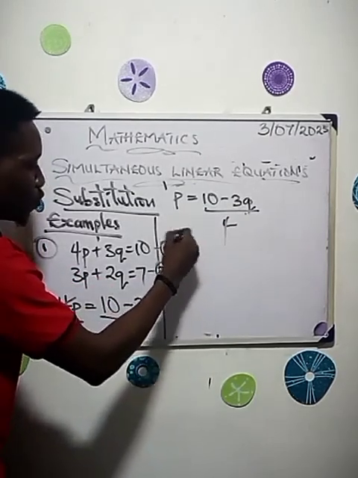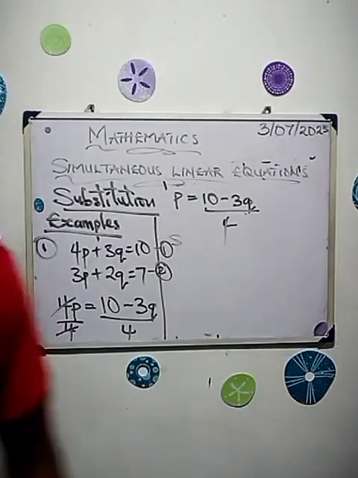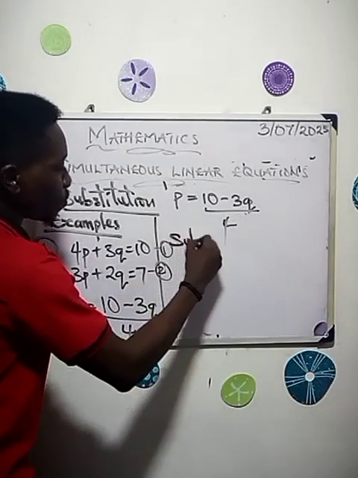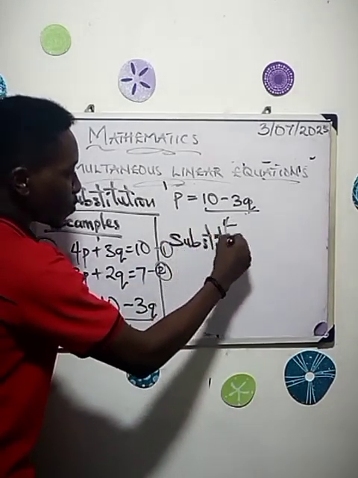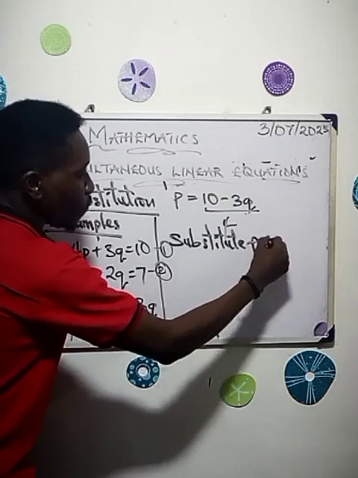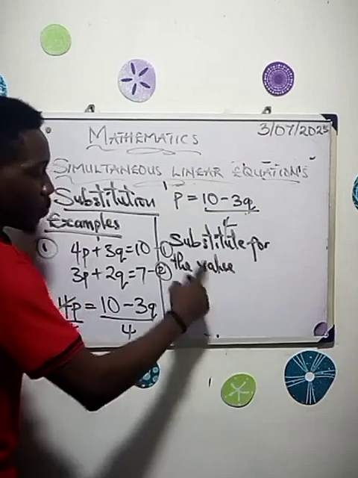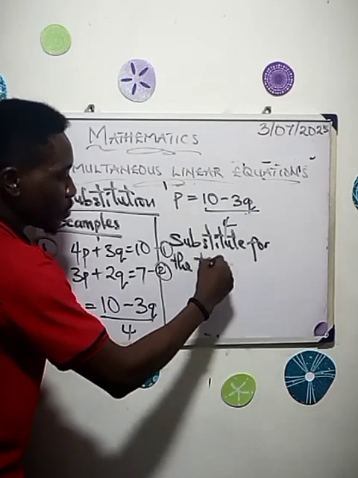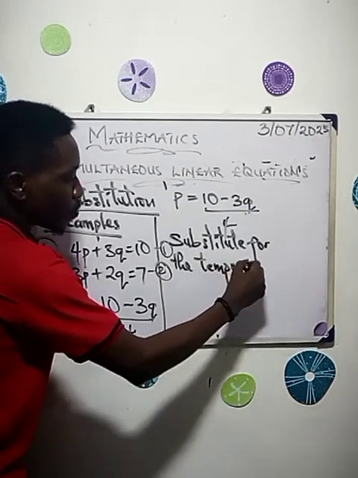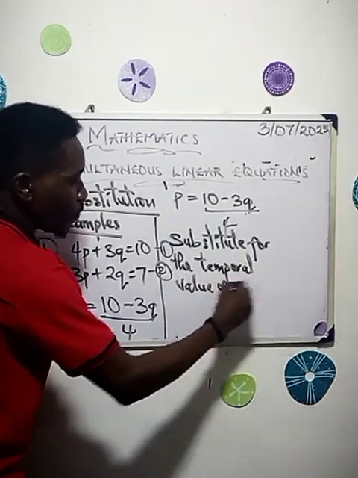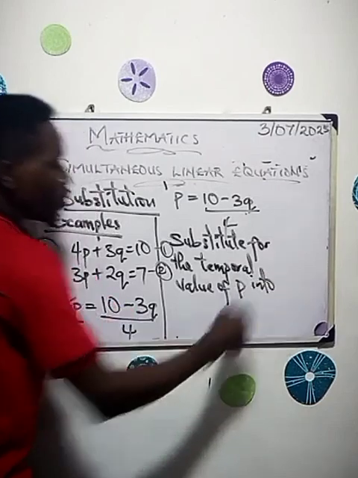Now substitute the temporal value of p into equation 2.